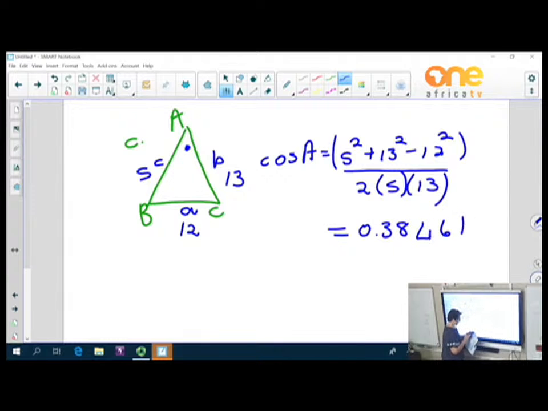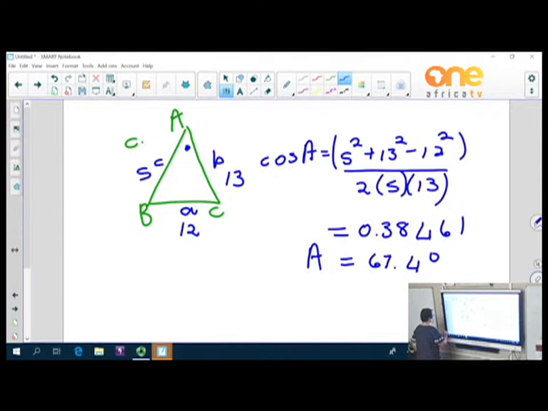Second function cosine your answer, and my final answer. Remember, we have to write A now. It's not cosine A anymore, otherwise it's mathematically not correct. So A then is 67.4 degrees. Right, I hope you got it right.